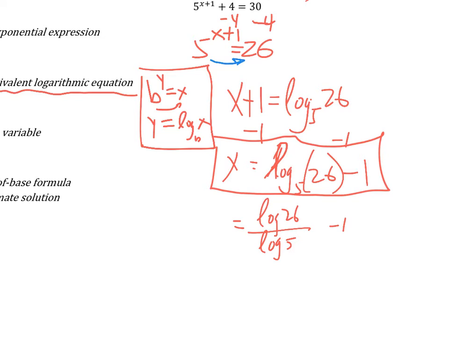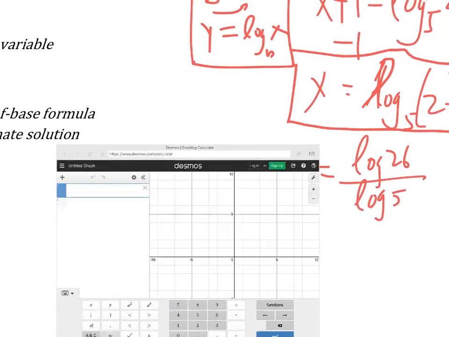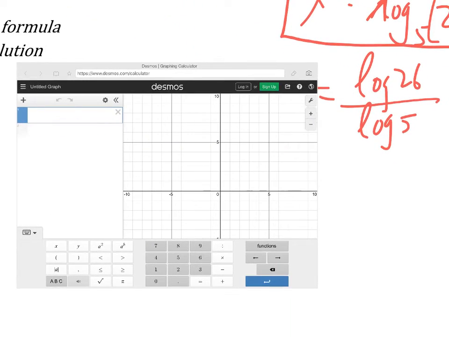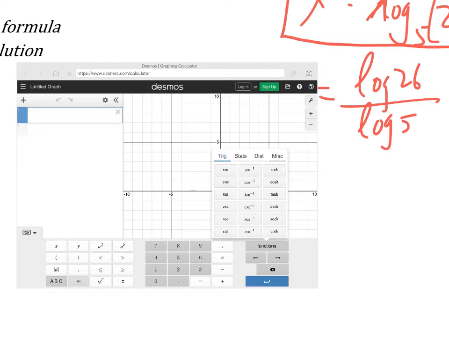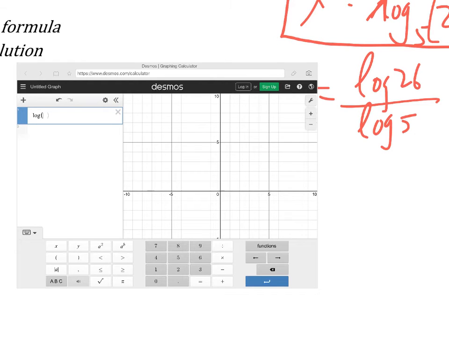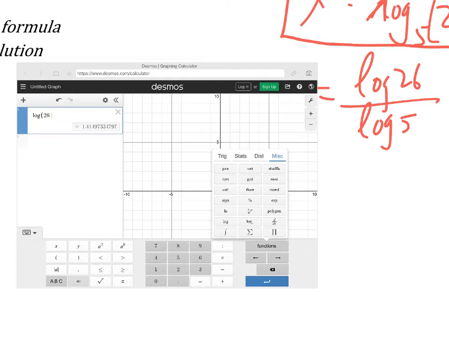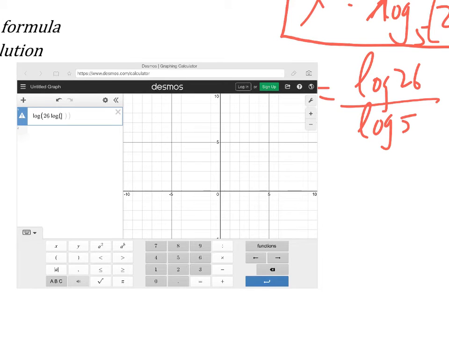But if we go to our calculator, log of 26, close the parenthesis, divided by the log of 5. Whoops, I didn't get my divided in there.